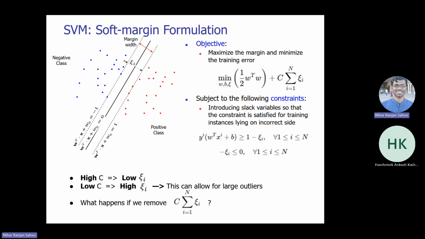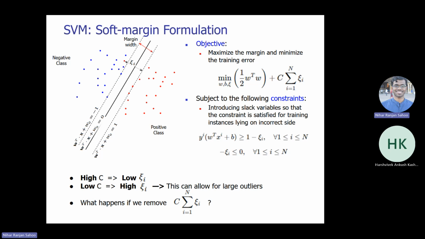Now if you don't add the extra variable xi to the minimization problem, what will happen? You are saying the minimum value of xi is 0. If xi becomes infinite, this term 1 minus infinite will be negative infinite. All the points will satisfy that, and we can ignore it completely. The formulation was y into W transpose X plus B greater than or equal to 1, this is what we decided earlier.